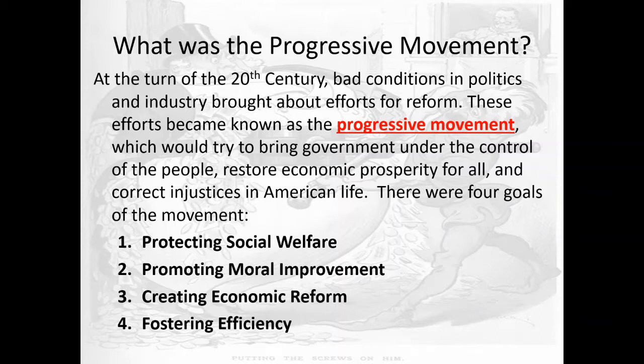Creating economic reform, like we saw in the cartoon there, the trust-busting of Roosevelt, trying to make the monopolists share more money. And fostering efficiency, trying to get tasks done more quickly, but also more accurately.